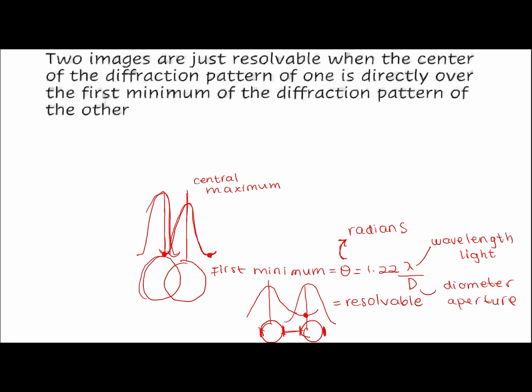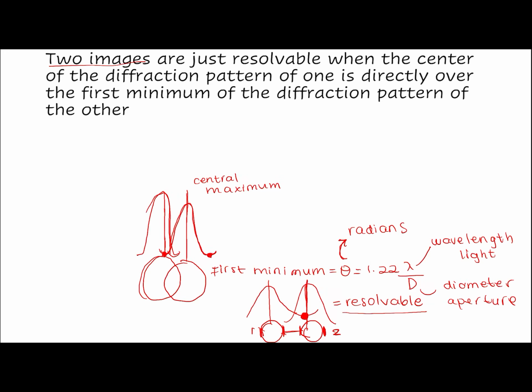And if we look at it from the definition we had at the beginning, we have two images, 1 and 2, that are just resolvable when the center of the diffraction pattern, so this center right here, of one is directly over the first minimum, this dot right here, of the diffraction pattern of the other.